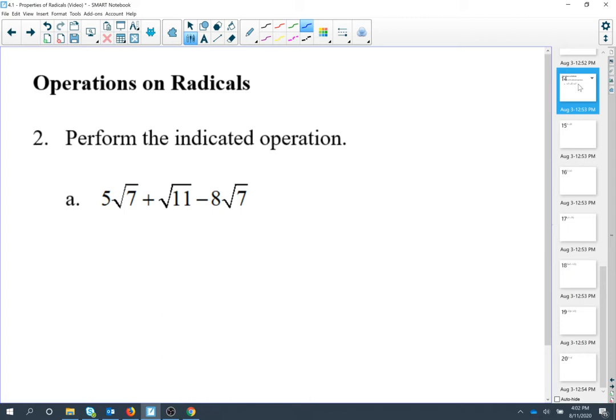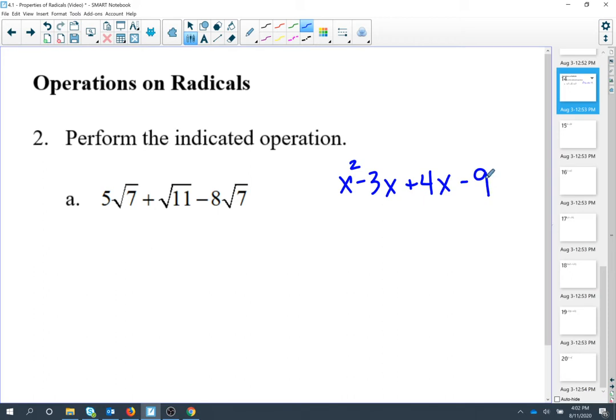So number 2 says perform the indicated operation, and we have 5 root 7 plus root 11 minus 8 root 7. Now, the first thing I want to go back and look at is I want you to remember chapter 2 when we were doing things like this: x squared minus 3x plus 4x minus 9.